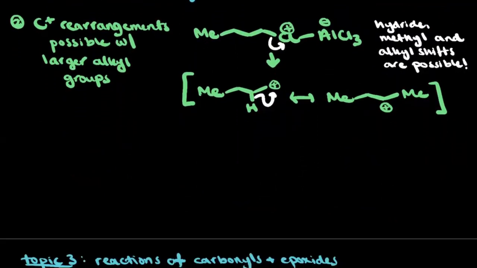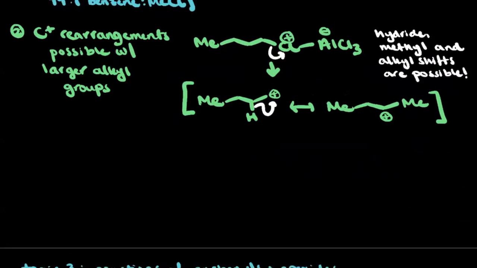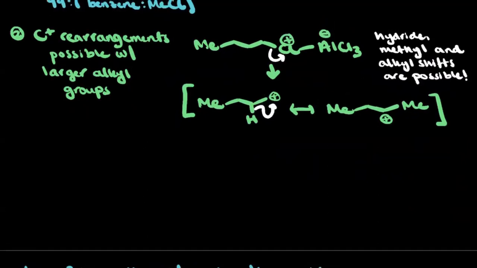All right, what is another, I need to add an extra page in here. What's another possible limitation? No deactivating groups. Right, the reaction cannot occur with any deactivating groups present on the ring.